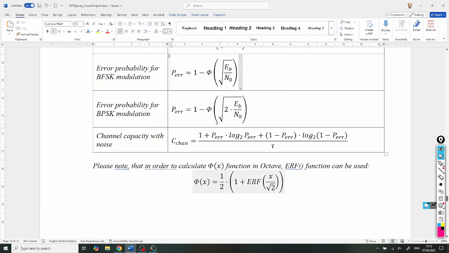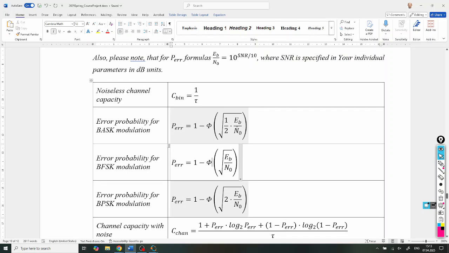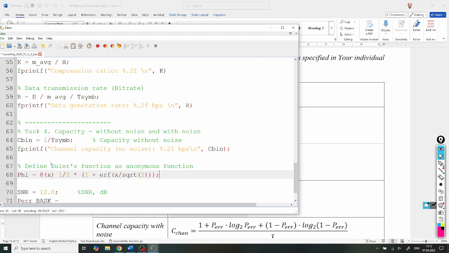Now we do have this phi function for which we now need to calculate the square root of the signal to noise ratio. However, pay attention that the signal to noise ratio here is in times, in linear scale, not in decibel, so we need to do this conversion.